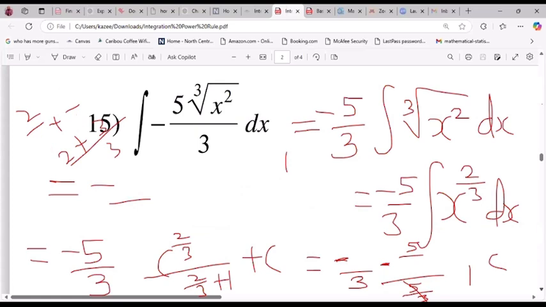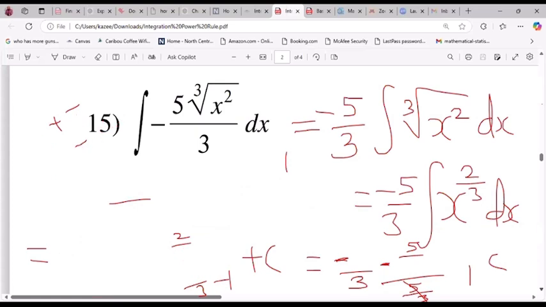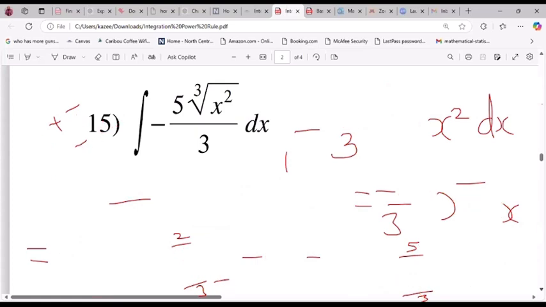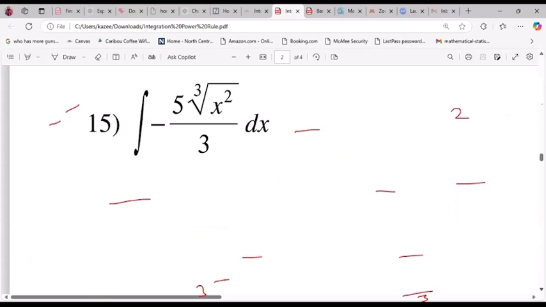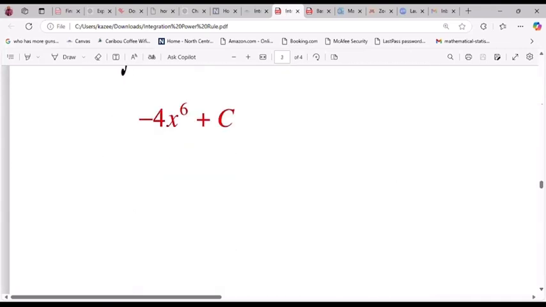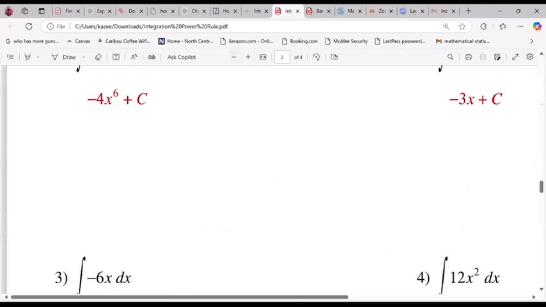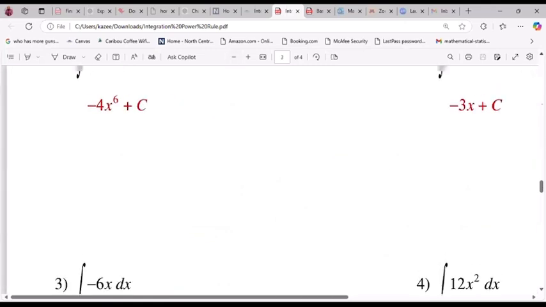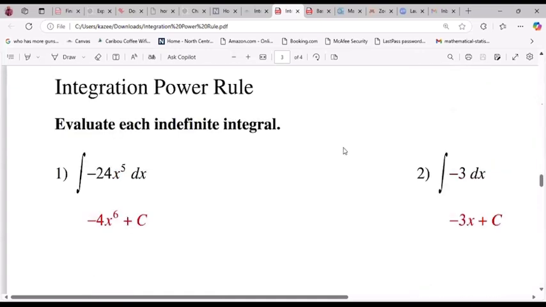Okay, so far so good. That's how you perform an antiderivative. Just like what I said, I put an answer key in case you want to work them out.